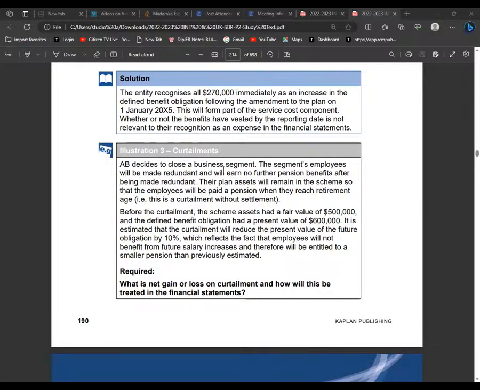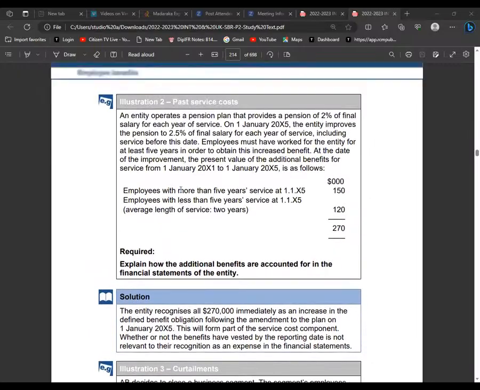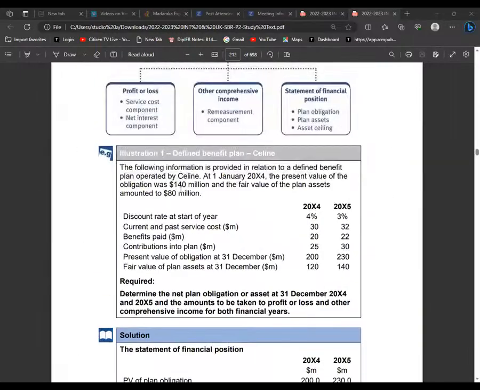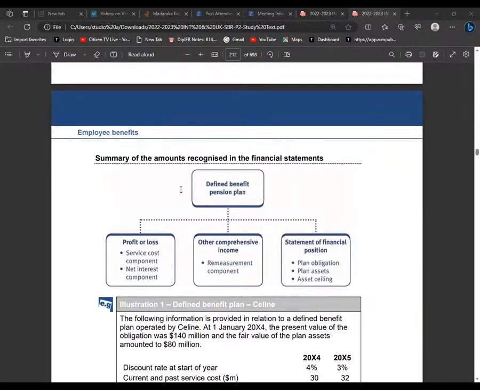Let me see here. Look at this illustration. Summary of the amounts recognized in the financial statements. So for profit or loss, these are very important things. You take the service cost component and the interest component.